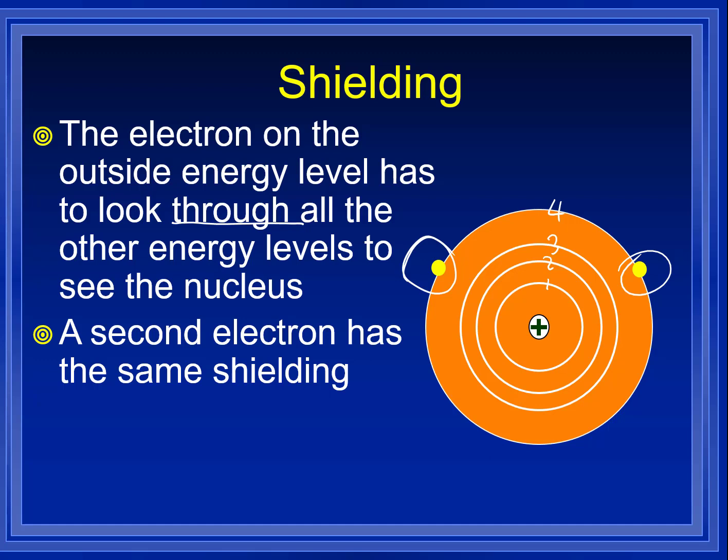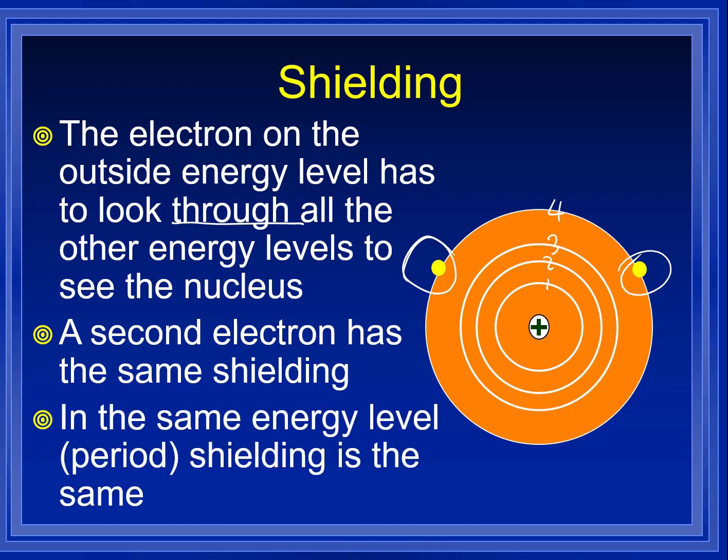So as I go across a row, as I go across a period, the shielding is constant. It doesn't change. And that's why we only had to worry about nuclear charge as we went across the period. We didn't talk about the electrons at all, that we're adding extra electrons. We only talked about nuclear charge going across the period because the energy level stays the same the whole way, so the shielding stays the same the whole way.